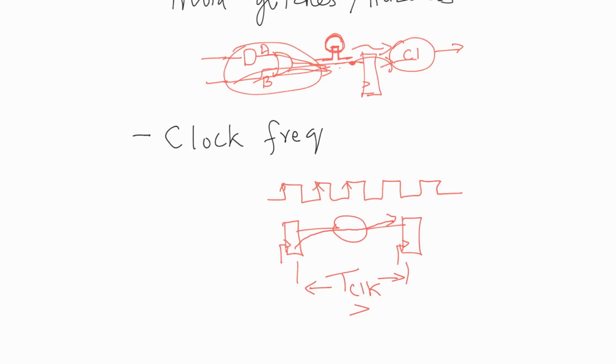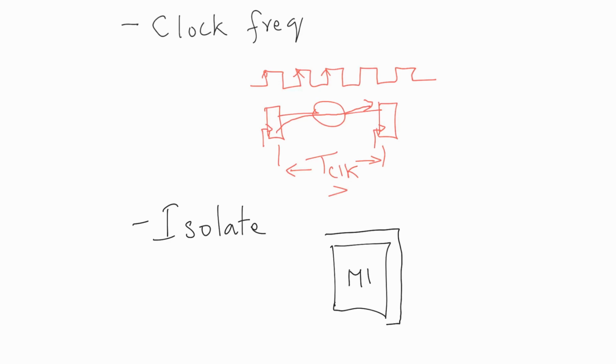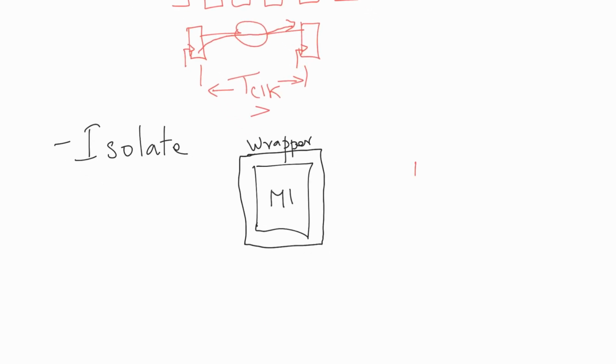Say you want to isolate a block in your design. Then you think of D flip-flop. Say, for example, you have a module 1. If you want to isolate this module in some mode inside your chip, you put something called a wrapper. This wrapper is just a combination of flip-flops and muxes.